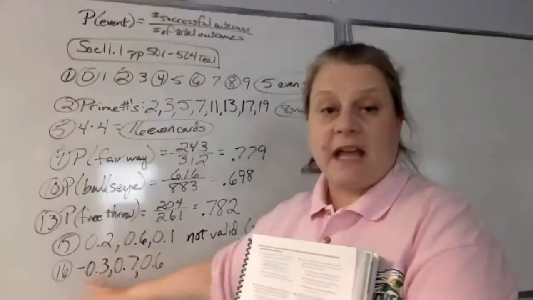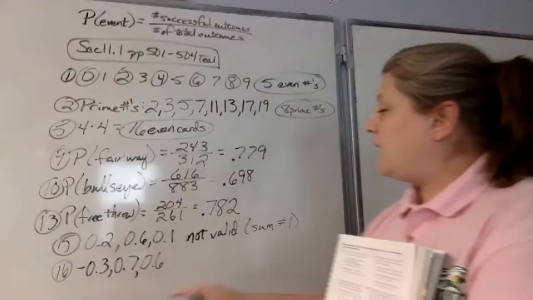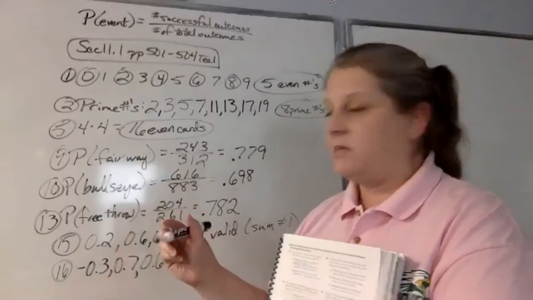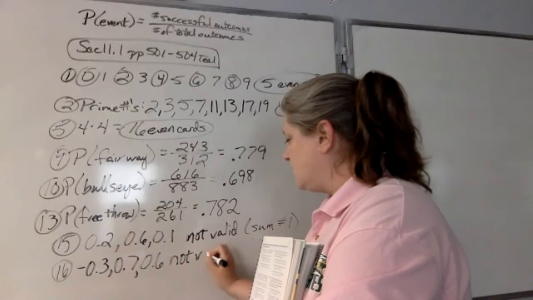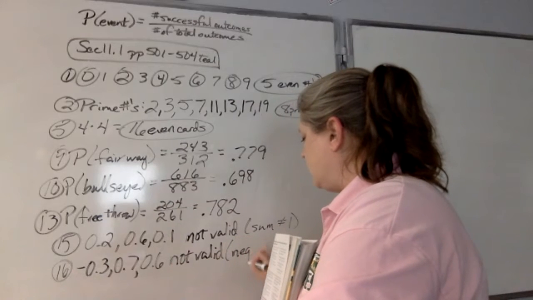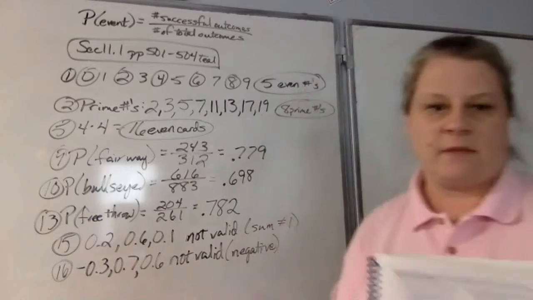If I add them together, they equal 1. But this is a negative, and you can't have a negative probability. It has to be between 0 and 1. So you say not valid, and you put because it's got the negative. That's why it's not valid.